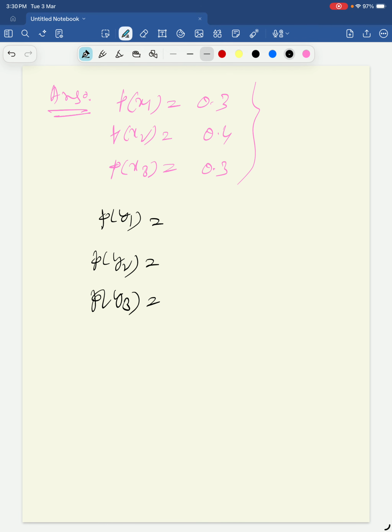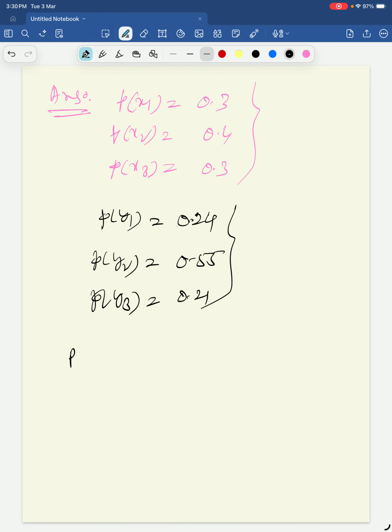Probability of y1 is 0.24, probability of y2 is 0.55 and probability of y3 is 0.21. So that is also given.